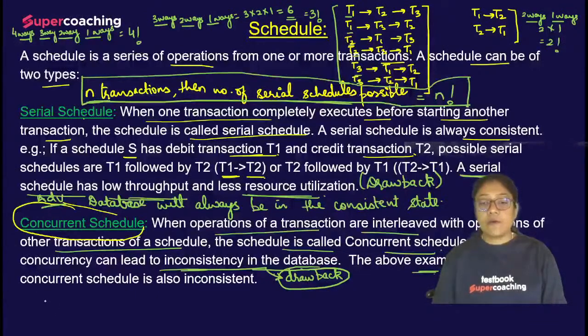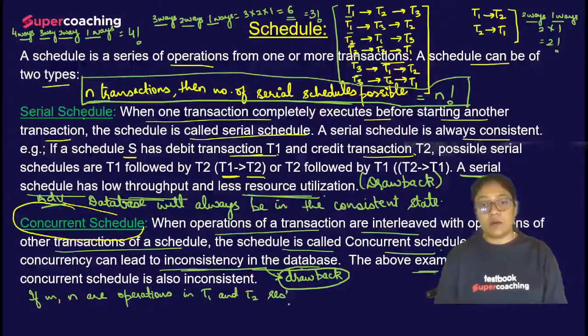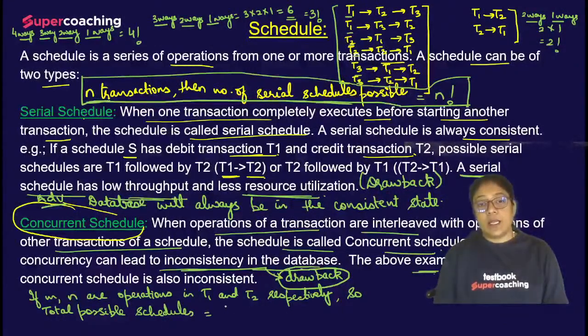If we have to find out, let us assume that M and N are the operations in T1 and T2 respectively, so the total possible schedules will be (M+N)Cn, or you can also write this as (M+N)Cm.